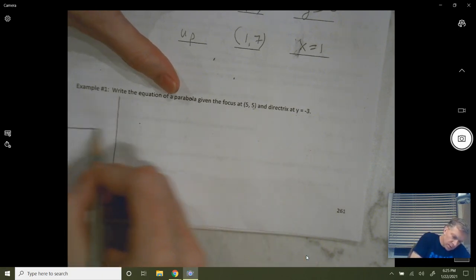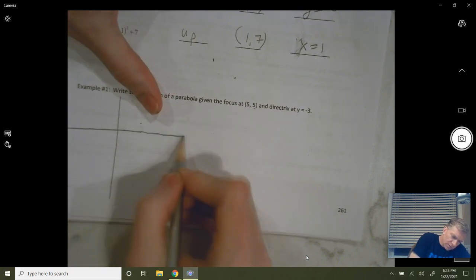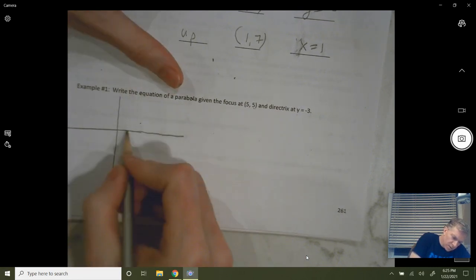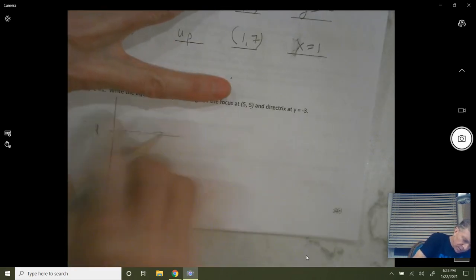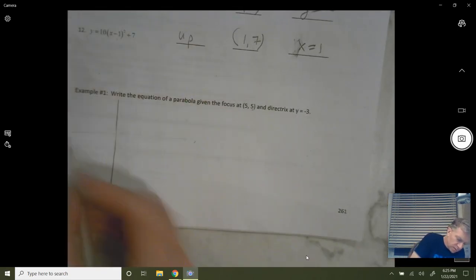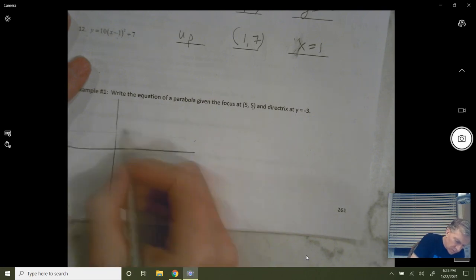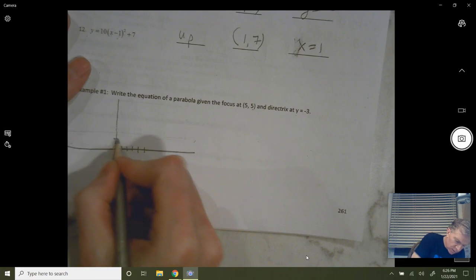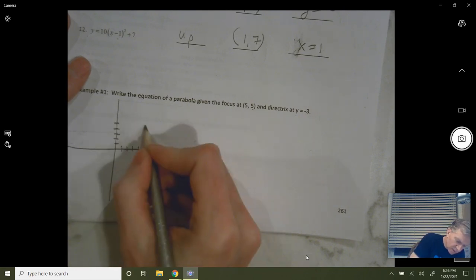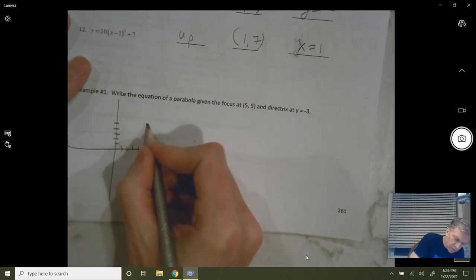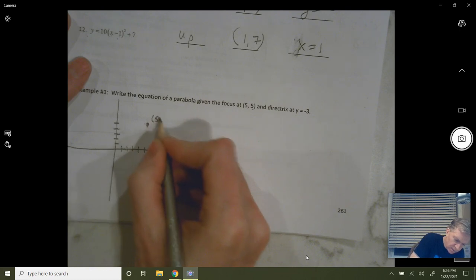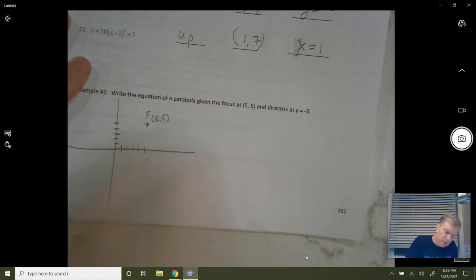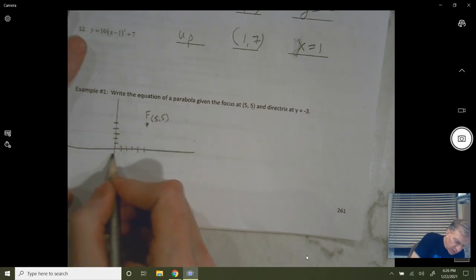I'll draw it a little bit further down. 1, 2, 3, 4, 5. 1, 2, 3, 4, 5. I like to label my points, especially when I'm drawing a graph freehand. That's the focus. The directrix says y equals negative 3.